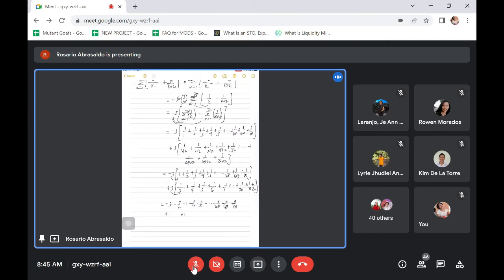Okay, like terms. Similar terms. So this one is plus 3 fourths plus 3 fifths. Everything inside here will cancel out.